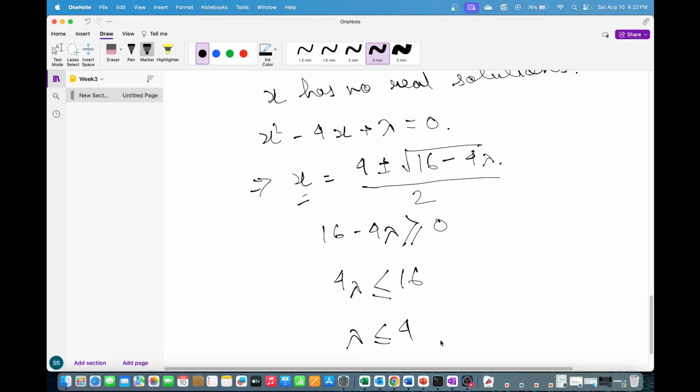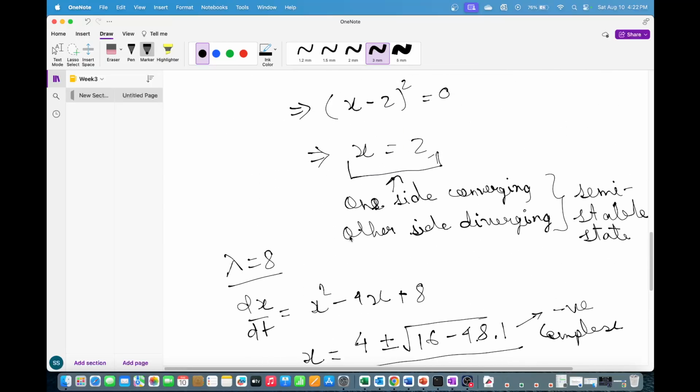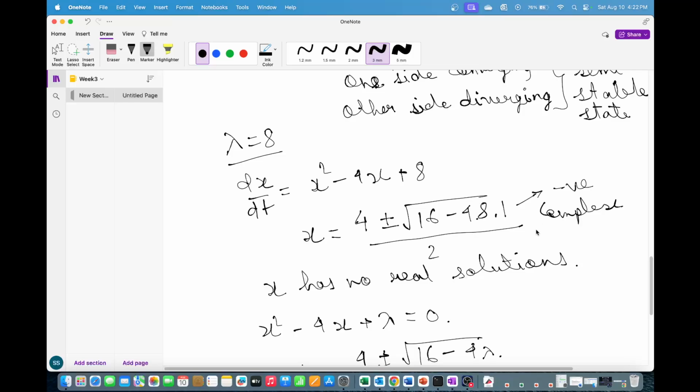So what is this telling you? This is telling you that your lambda needs to be less than or equal to 4 for this particular algebraic equation to have real roots, for x to have real values. As we checked, at lambda equal to 8 there is no real value.